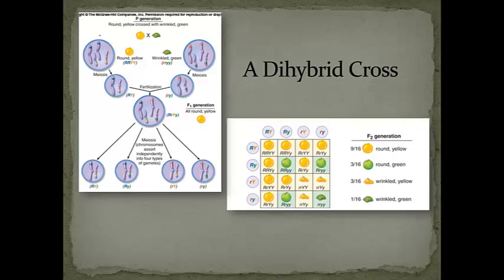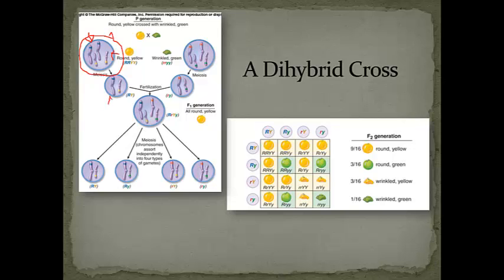We'll look over here and then we'll go over to the Punnett square. He starts with one individual that has round yellow peas. So we've got 2 chromosomes that carry the round gene and 2 chromosomes that carry the yellow gene.